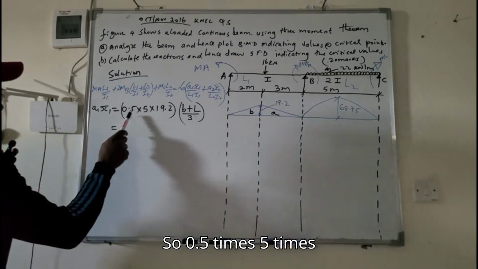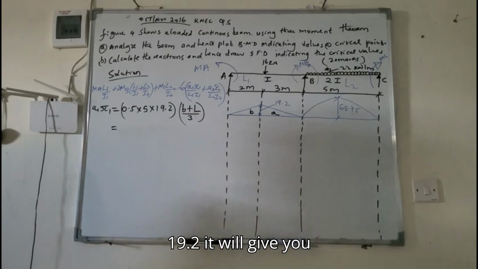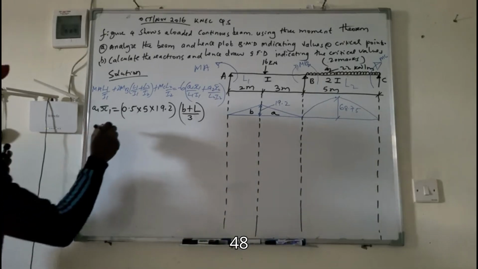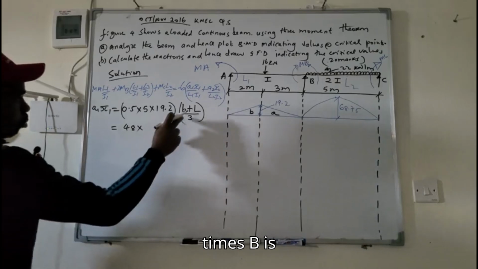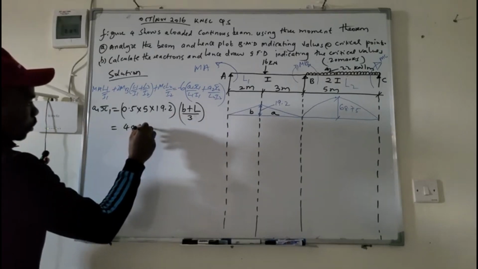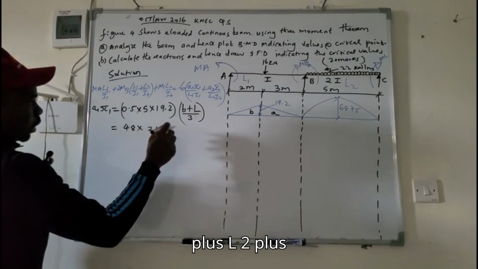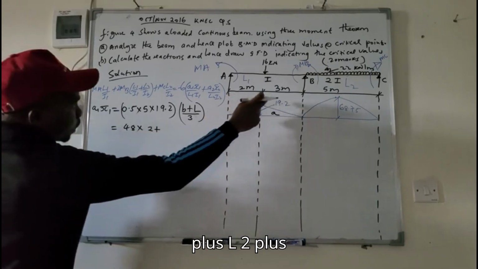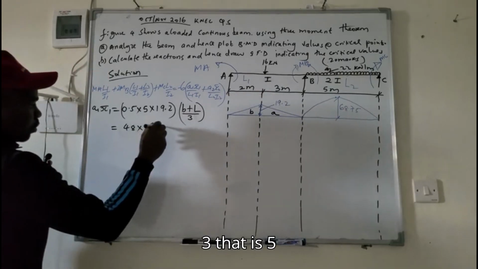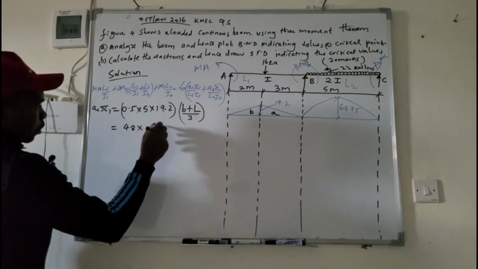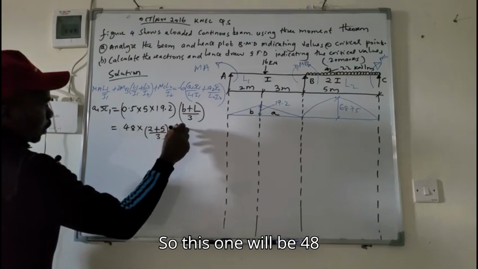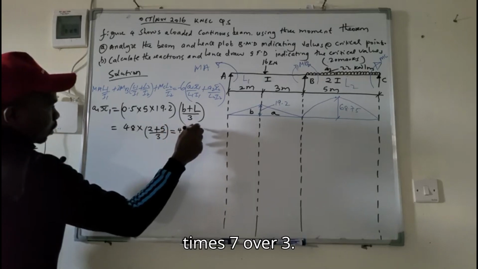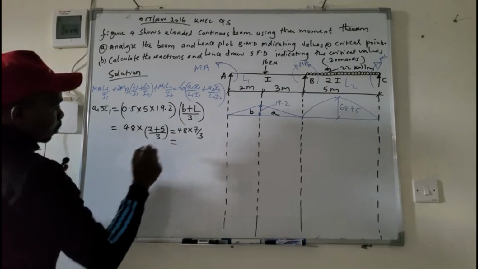So 0.5 times 5 times 19.2 gives you 48, times b, which is 2, plus l, 2 plus 3, that is 5. So this will be 48 times 7 over 3.